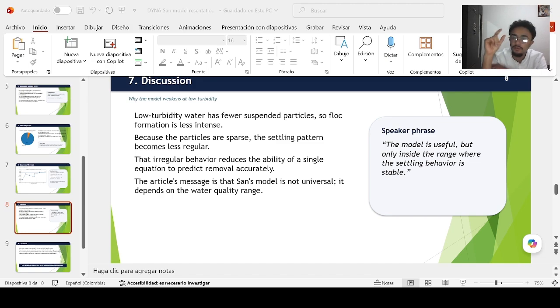That irregular behavior makes it difficult for one equation to capture the whole process. So the main conclusion is that the SAM model is not universal. It depends on the turbidity range.